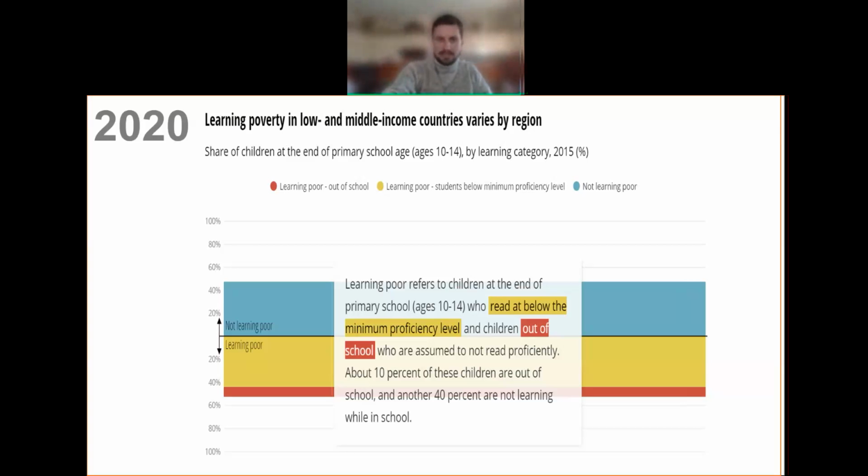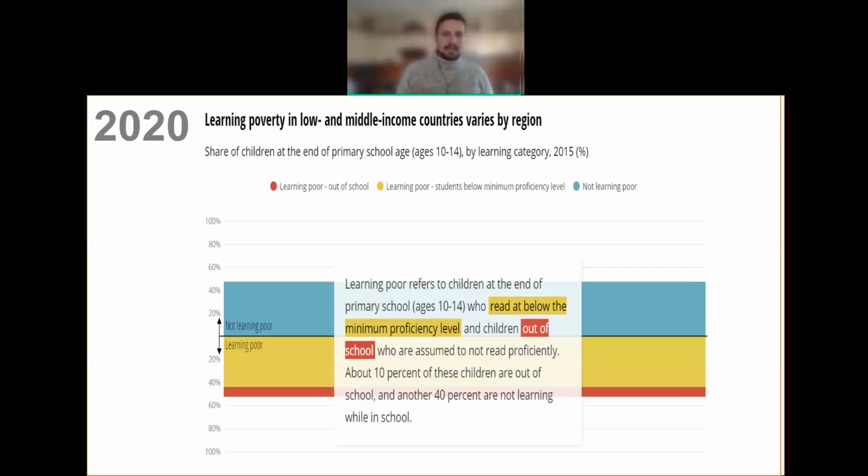And so this is that difference that you can see between the yellow section of the chart and the red section of the chart. And you can see also in the targeted annotation, that's a feature that I really like, the highlighting of the part: you see that below the minimum proficiency level is highlighted in yellow, and this corresponds to the yellow part of the chart. And out of school is highlighted in red, that corresponds to the red section of the chart.